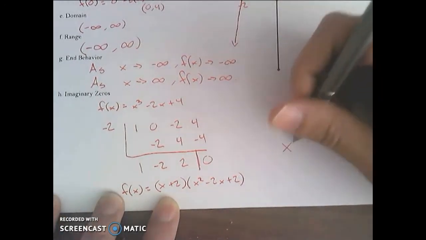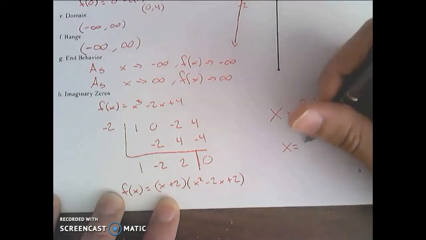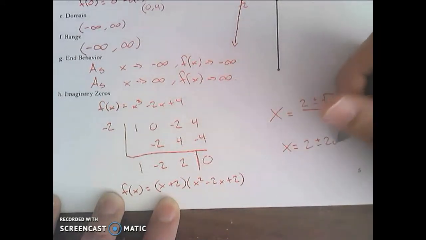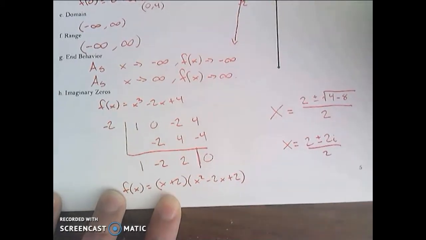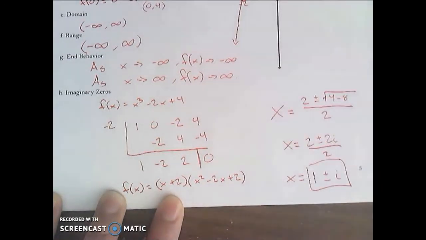Simplifying this, we have x equals 2 plus or minus the square root of negative 4, or we have 2 plus or minus 2i, all over 2. And we get the imaginary zeros of 1 plus or minus i. So those are our other two zeros.